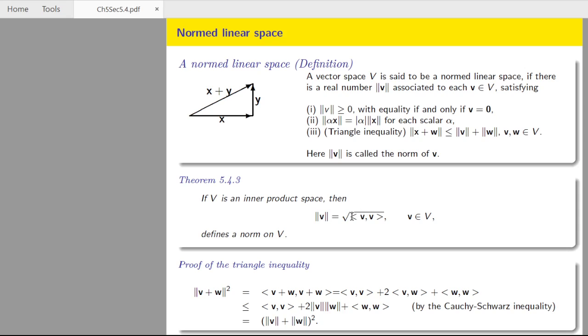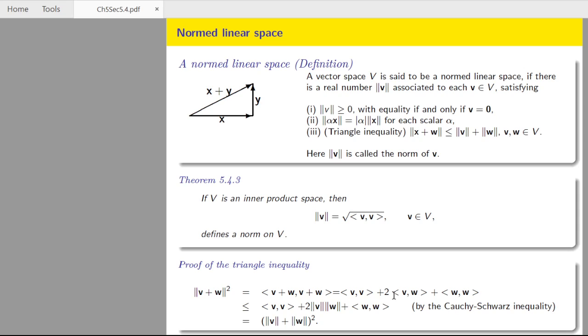Then that means we look at the inner product between v plus w and itself. And then we can use the third property for the inner product, so we write the inner product between v and itself as the first term. And then v and w and w and v are the same, so we get double the inner product between v and w. Then w and itself make inner product.